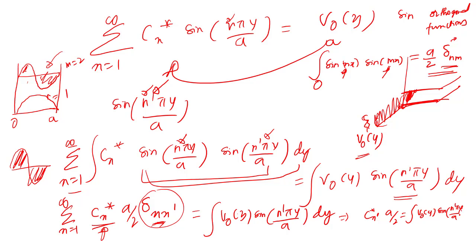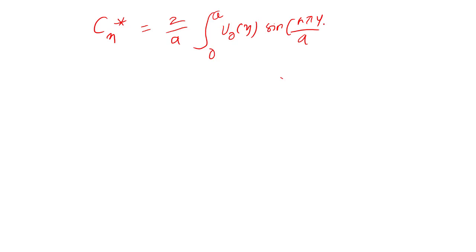If I rewrite that, I would get Cn star to be 2 by a times the integral from 0 to a of v0 of y sine n pi y by a dy. So given v0 of y, we can determine Cn star by doing this integral.